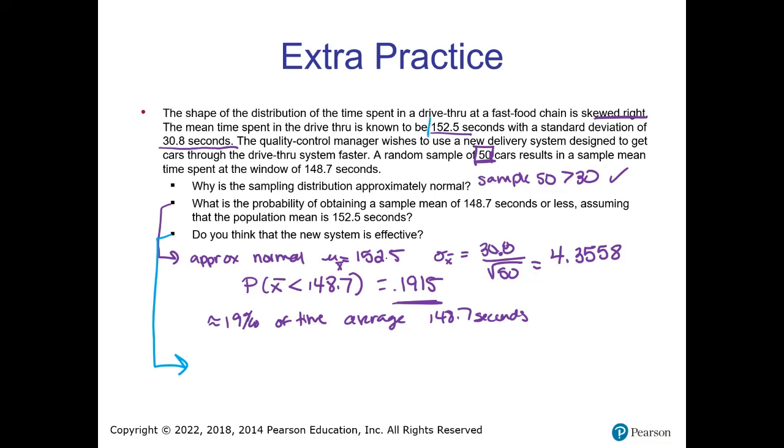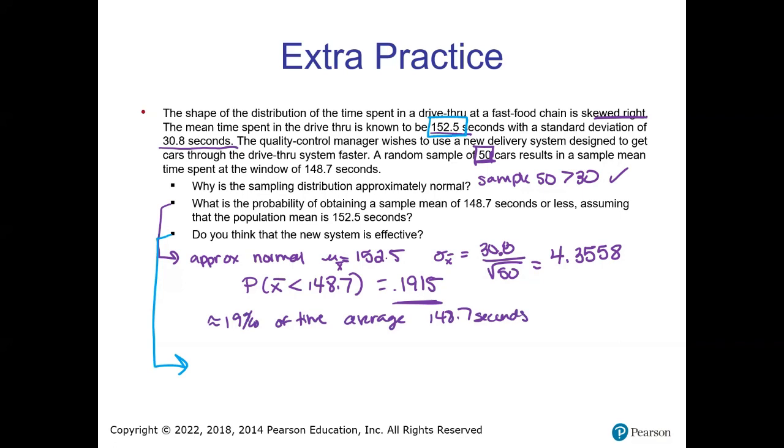Well, my normal average using the entire population is 152.5 seconds. And I've now done a new system. I have the same mean, smaller standard deviation, but the likelihood that I get less than 148.7 seconds is 19%, okay.